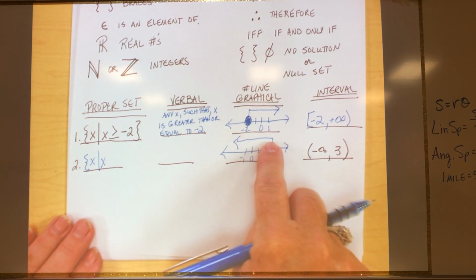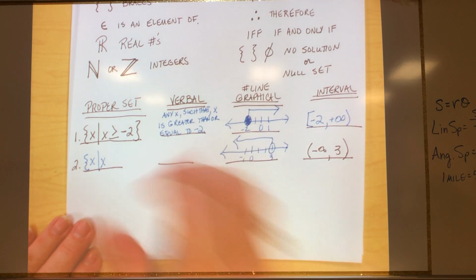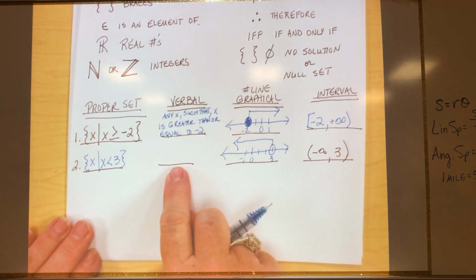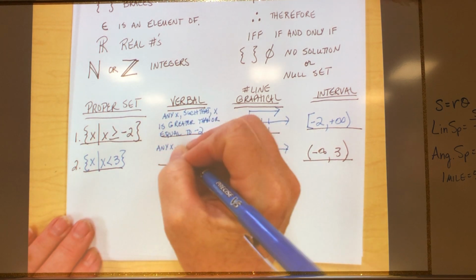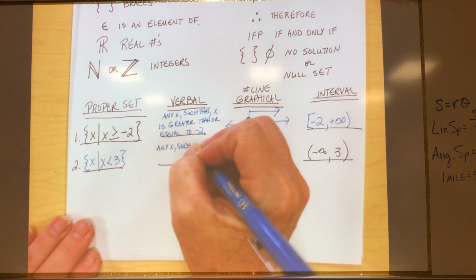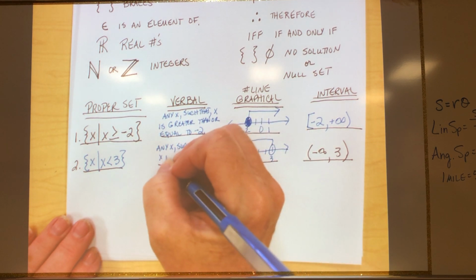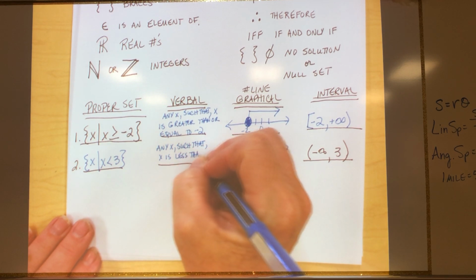X is less than 3. And then we write it right here where it says any x such that x is less than 3.